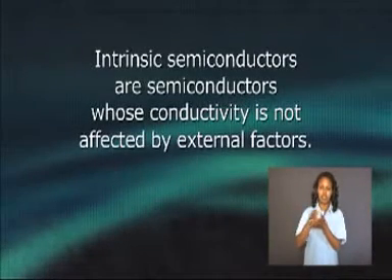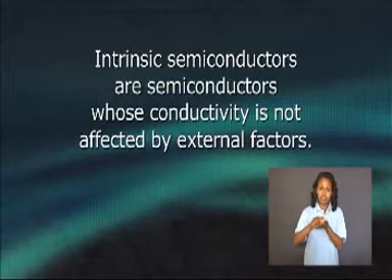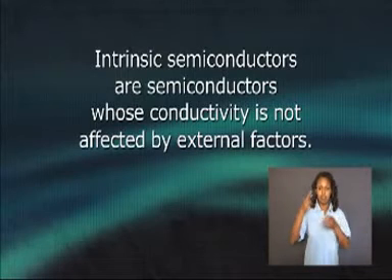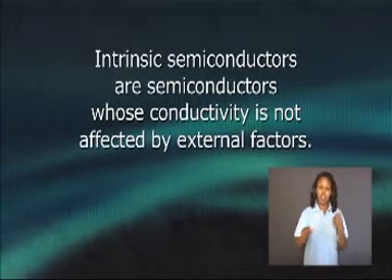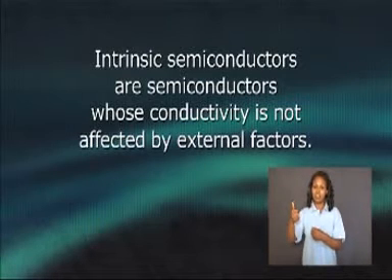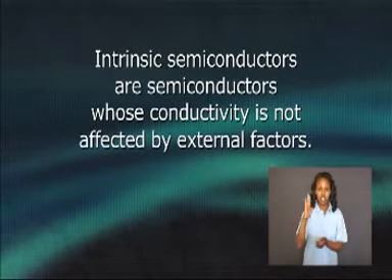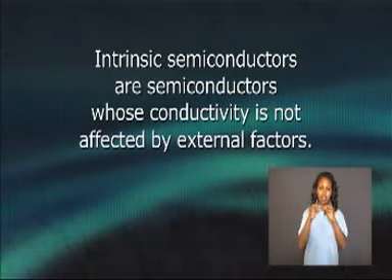We have a name for germanium and silicon and other naturally occurring semiconductors. We call them intrinsic semiconductors because their conductivity is not affected by external factors such as magnetic fields.